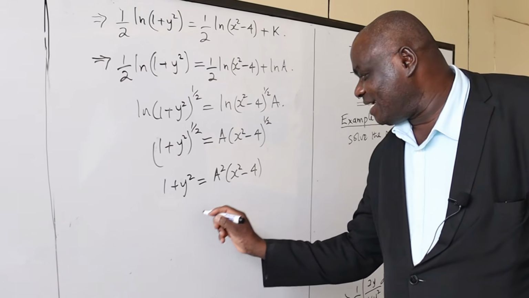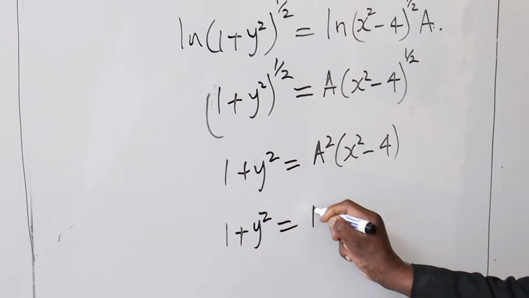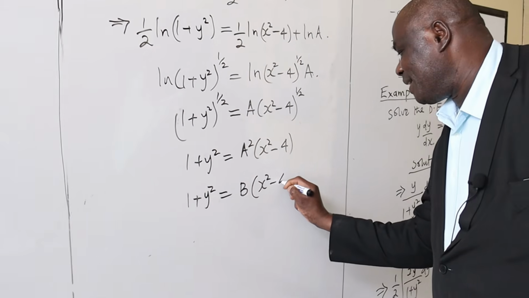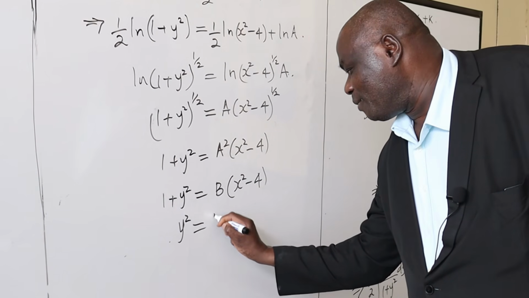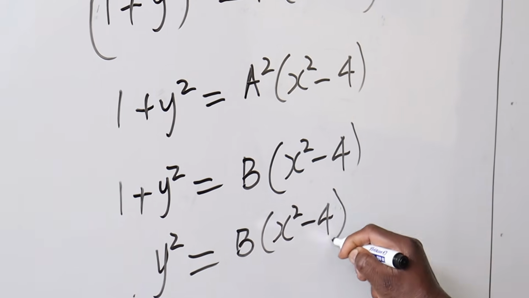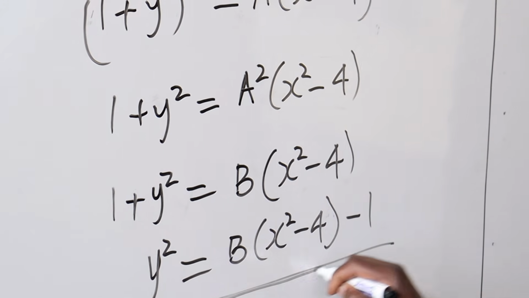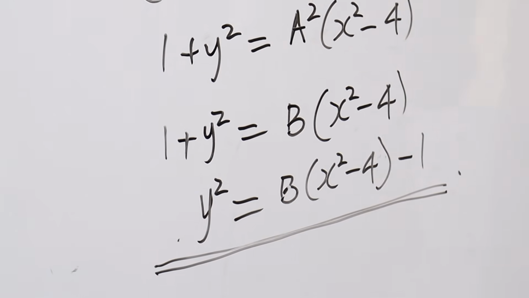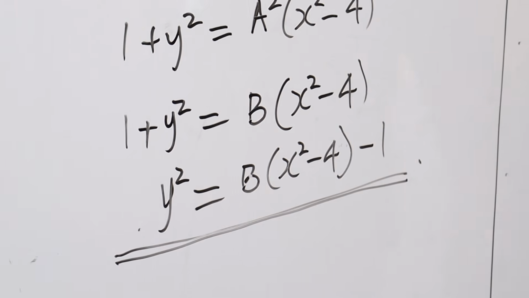So we can now say 1 plus y squared is equal to b, where b stands in for a squared, into x squared minus 4. Therefore, y squared will be equal to b into x squared minus 4, minus 1. And that's the solution to that differential equation, where b is still an arbitrary constant. Whatever we have gotten is the general solution of the differential equation given.